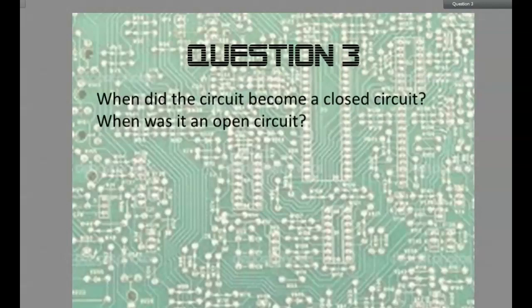All right, so when we're looking at open and closed, remember that's off and on. When did the circuit become closed? Oh, I know, I hate when lights go out. I have bulbs out right now too that I need to get. All right, when did the circuit become closed?